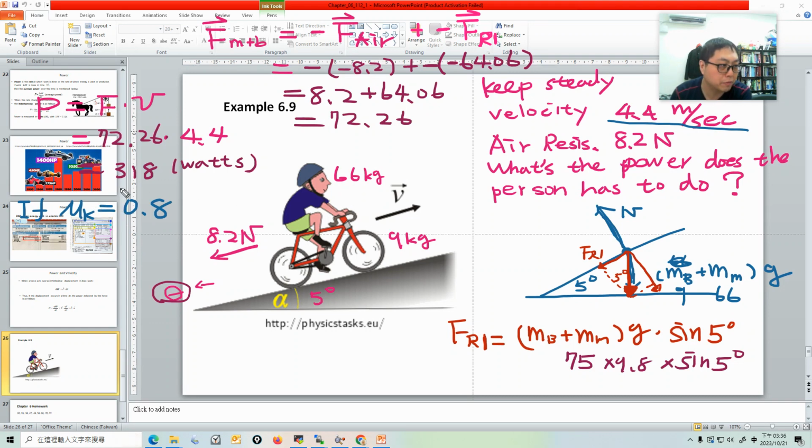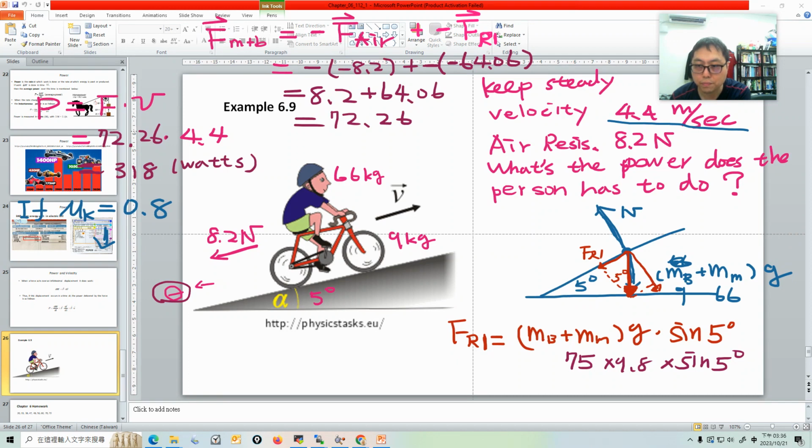What's the power you need? Intuitively, you need more power, because now you have friction to overcome. So what's the amount? Right now we have another friction. Let's call it F_R2.